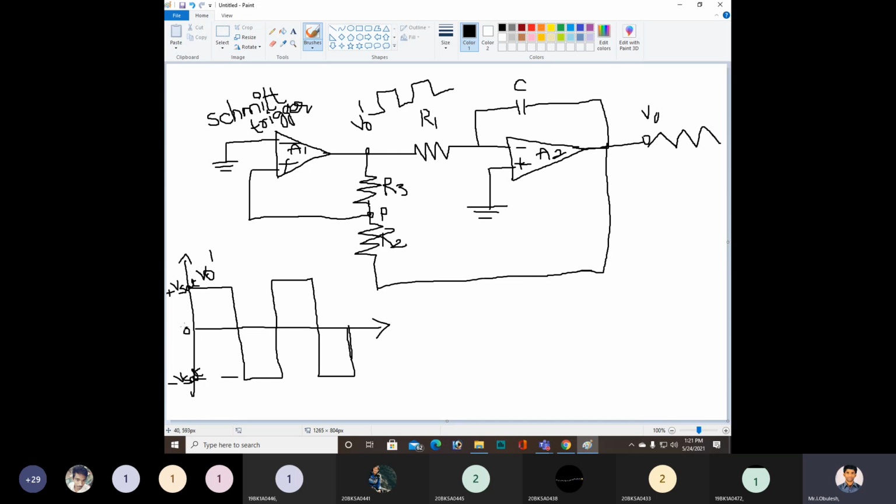Positive V ramp to negative V ramp. Here we are getting positive V ramp. From here we are getting the output value. This is the negative V ramp, right? Minus V ramp.